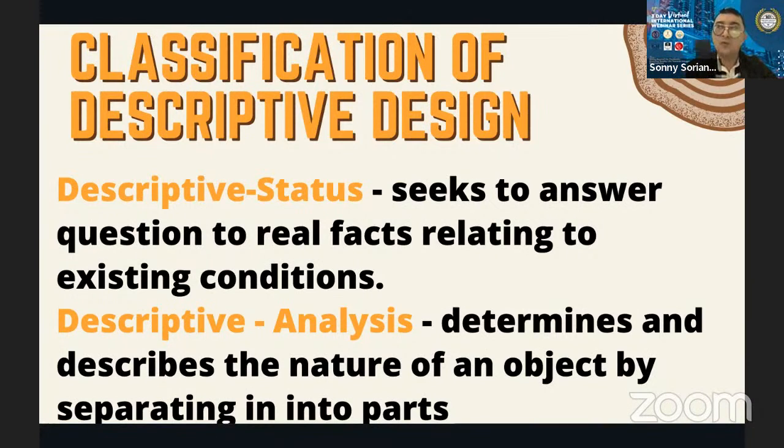It seeks to answer questions about real facts relating to existing conditions. And another is descriptive analysis. It determines and describes the nature of an object by separating it into parts. Okay, there are lots of definitions regarding the classification of descriptive design.